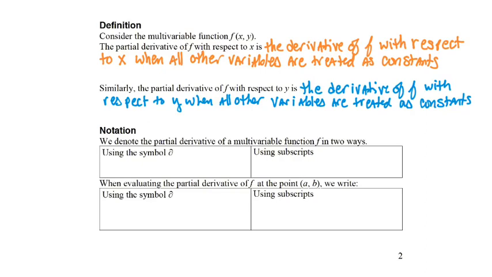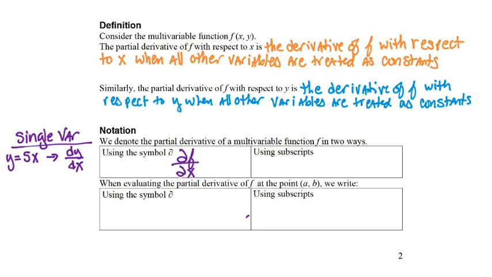We're going to have some function f, and we can write a derivative two ways. One is to use the symbol, which is kind of like a cursive d. First let's go back and look at a single variable. Originally, if I had a function like y equals 5x, when we take the derivative, we would write dy/dx. Now we want to use similar notation, but partial derivatives means there are other variables that could have had the derivative as the focus.